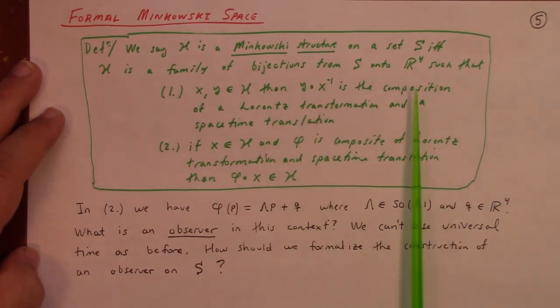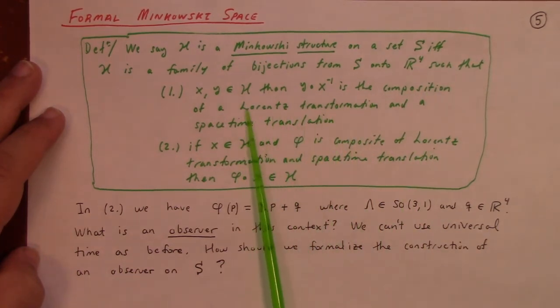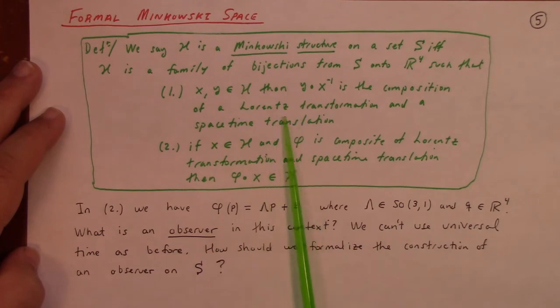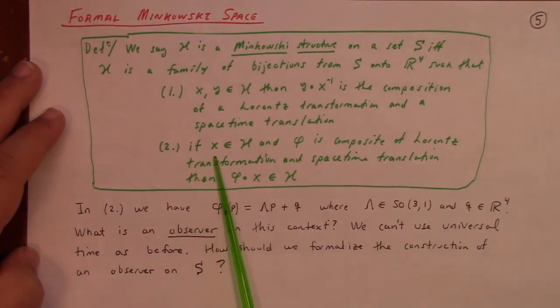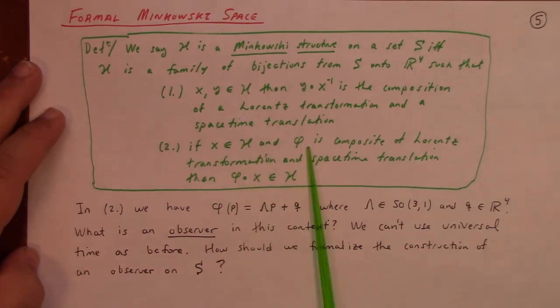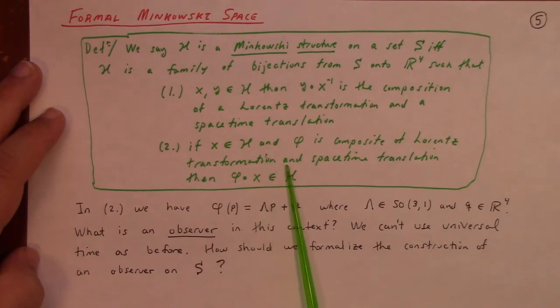In other words, it's the analog of a rigid motion, either a rotation and a boost and a translation in time and space. Or two, if you have the composite of one of these bijections and a Lorentz transformation and space-time translation, then phi composed with X is again in this family of bijections.